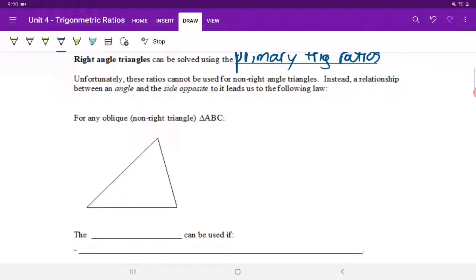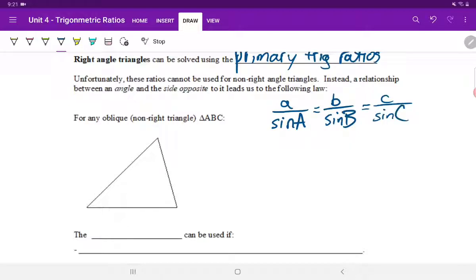our sine law. All right, so the sine law states that the ratio of one of your sides to the sine of its opposite angle is equal to another side in your triangle compared to the sine of its angle, which is also equal to the proportion of the other side to the sine of its angle as well.